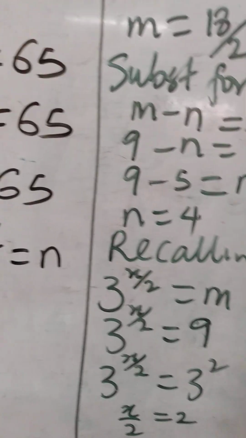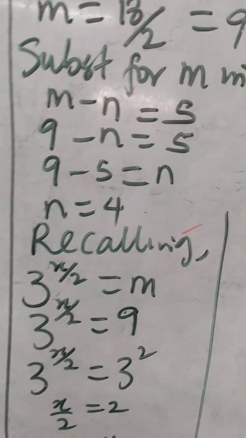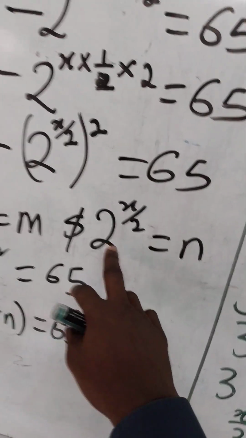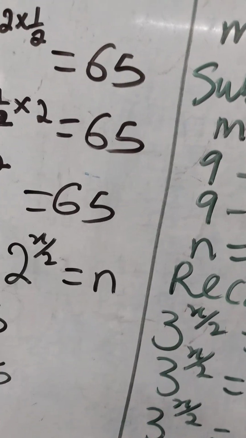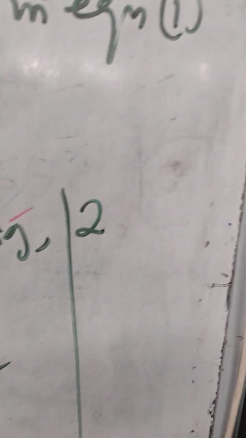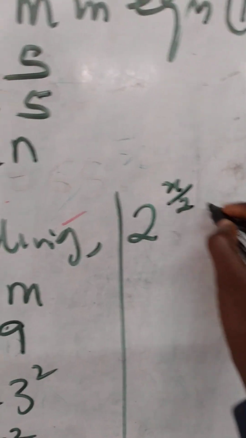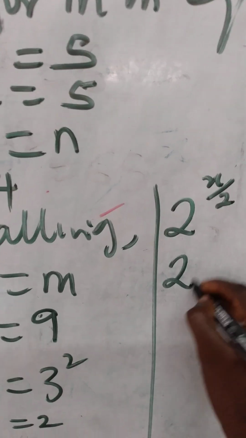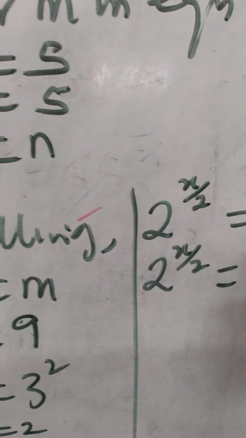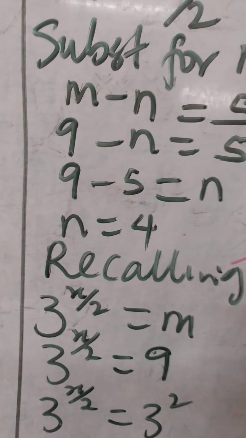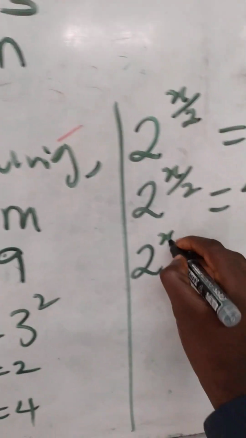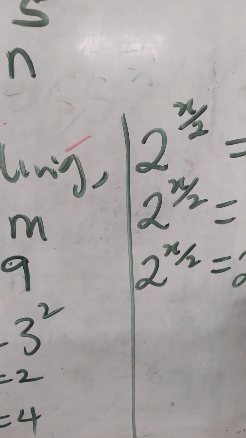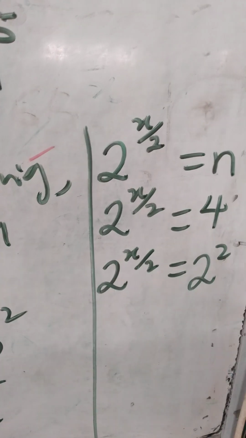Or you can try the other way around, where we said 2 raised to the power s over 2 equals n. We got our n as 4. So 2 raised to the power s over 2 equals 2 raised to the power 2, because 2 times 2 is 4.